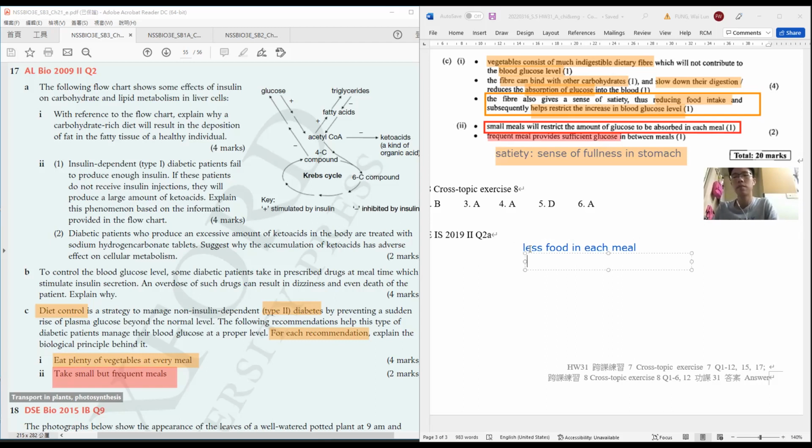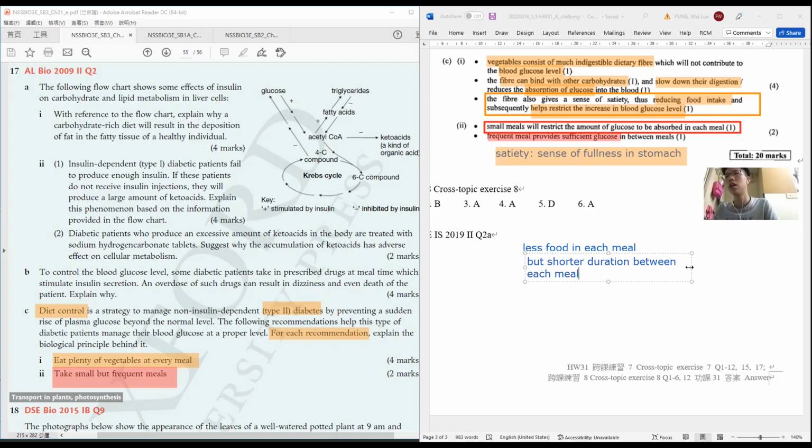A greater number of meals, but a shorter duration between each meal.